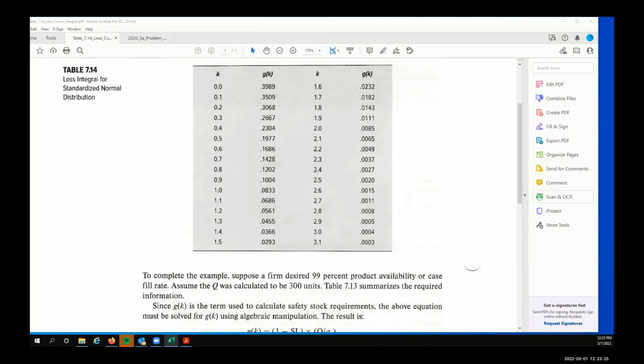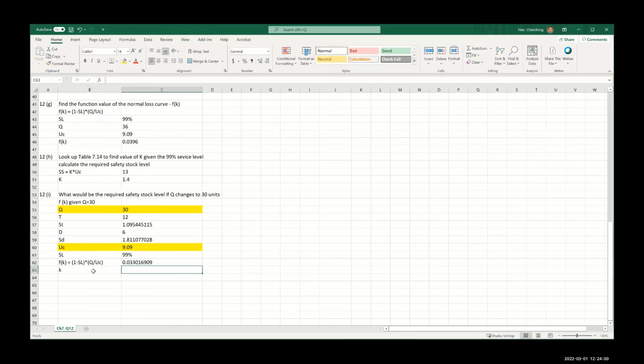So let's see this. 0.033, kind of close to here. Okay. Let me get back to the Excel spreadsheet. 1.5.